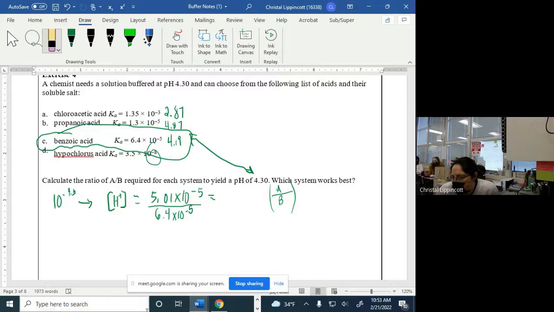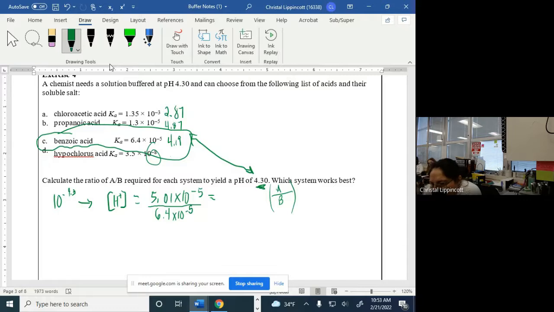Where did you get 10 to the negative 4.3 from? Oh, right here. This is the pH we want. So if I do 10 to the minus 4.3, that gives me my H concentration.